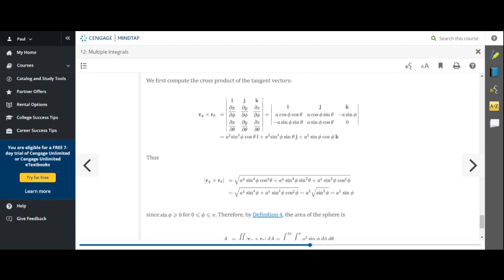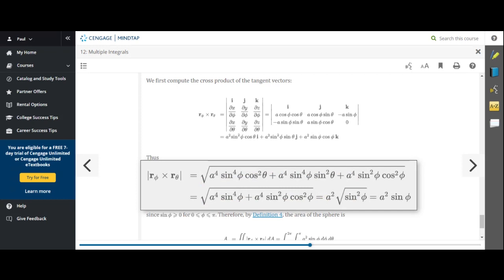If you do that, you'll have a to the fourth times the sine squared of phi times the sum of sine squared of phi plus cosine squared of phi. That just equals 1 by the Pythagorean identity. And so you end up with the square root of a to the fourth, which is a squared. So you're going to end up with a squared times the sine of phi. And that's what you're going to end up with, right?